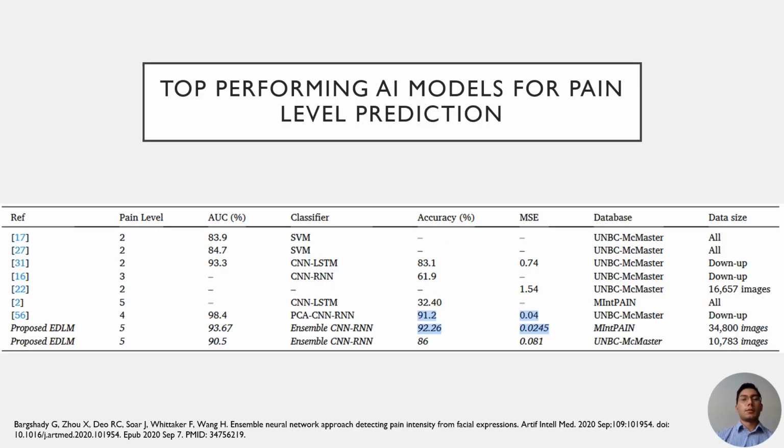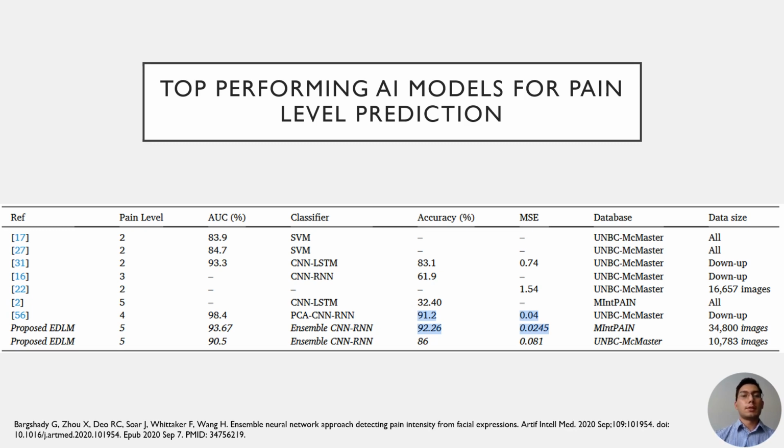But fortunately, the advancements in AI and specifically deep learning have made it possible for computers to evaluate PSPI scores from facial expressions automatically without any human interaction. On this slide, you see the current state of the art.